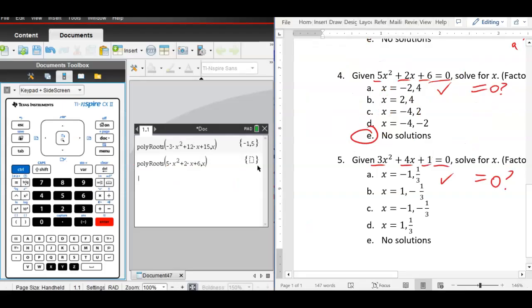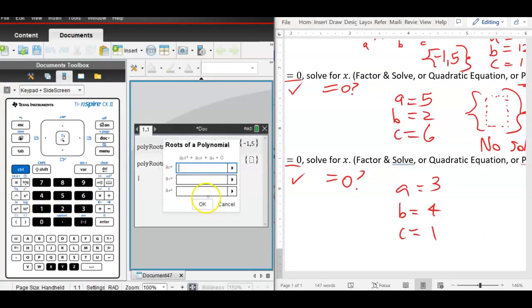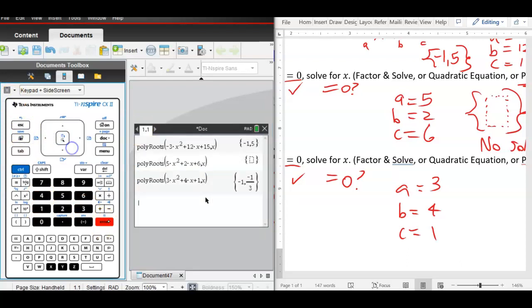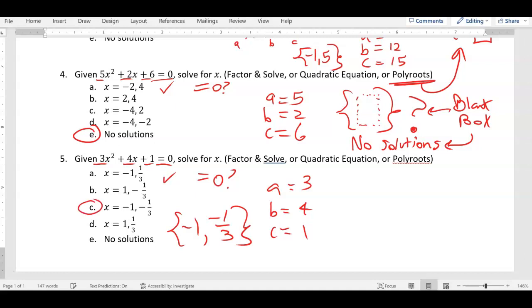So once again, I'm going to take this into menu 331, hit enter, and end up getting negative 1, negative 1 over 3. All right, and my solution, I see right here, is letter C.